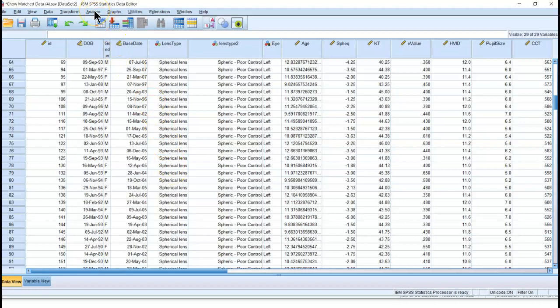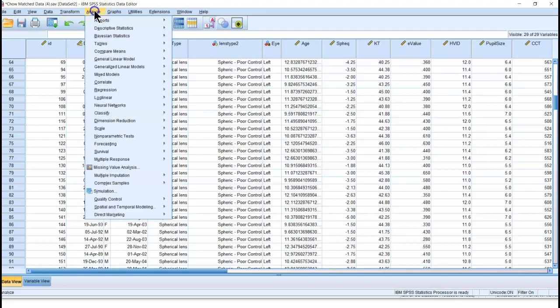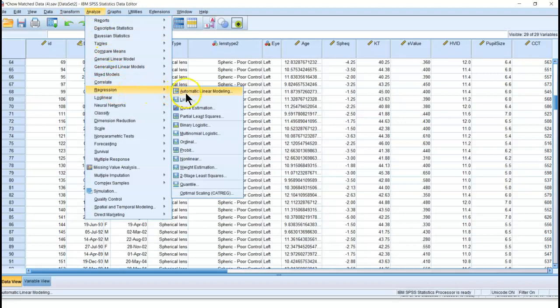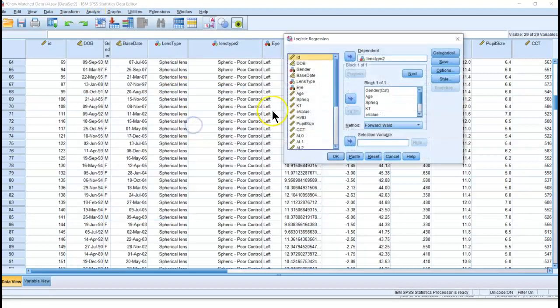So let's just jump into it and go Analyze, Regression, Binary Logistic. So we have lens type 2. Now lens type 2, there's 3 categories of lenses: aspheric, spheric good fit, spheric bad fit. But we've already deleted the aspheric, so we're left with lens type 2 and 3, the spherical good and poor fit.